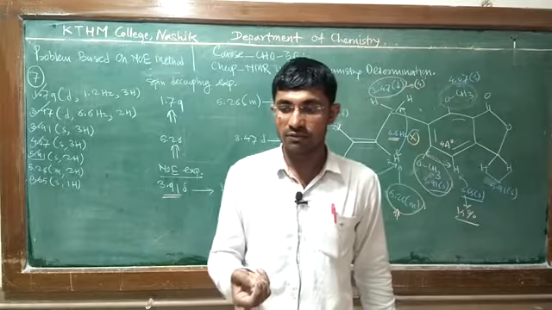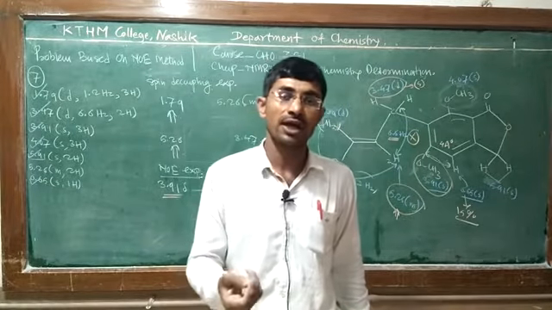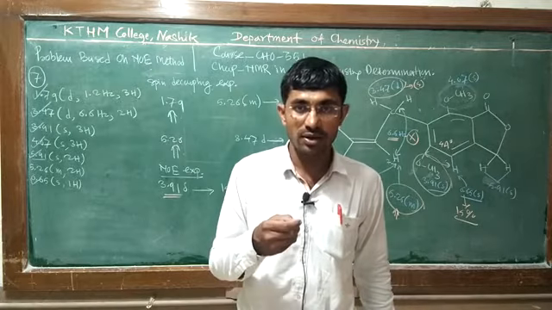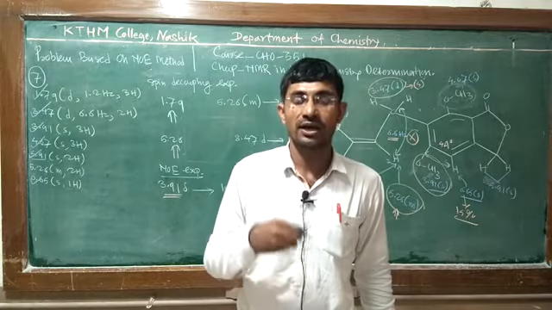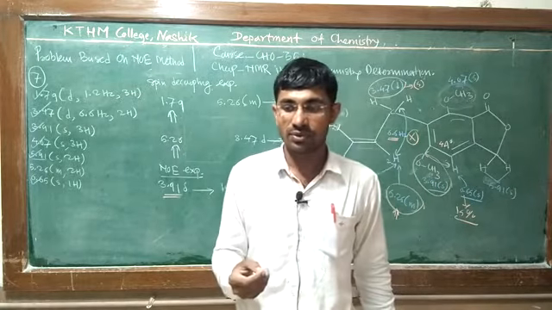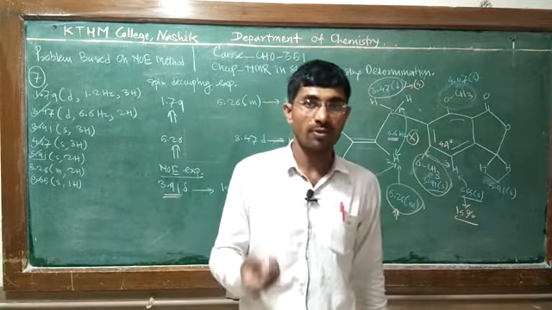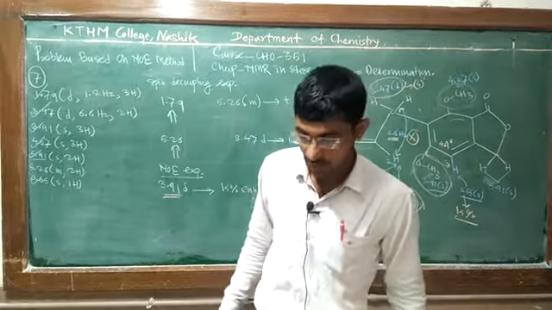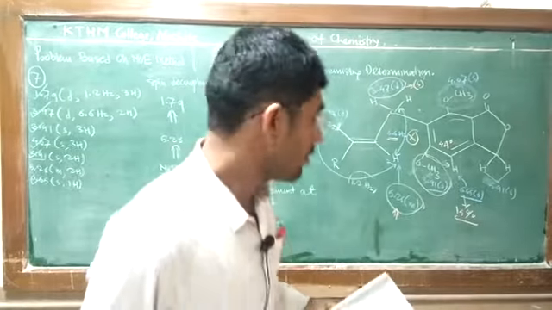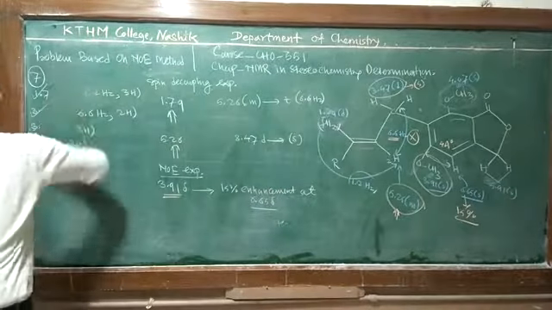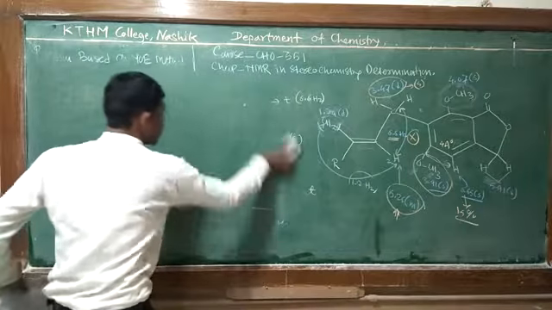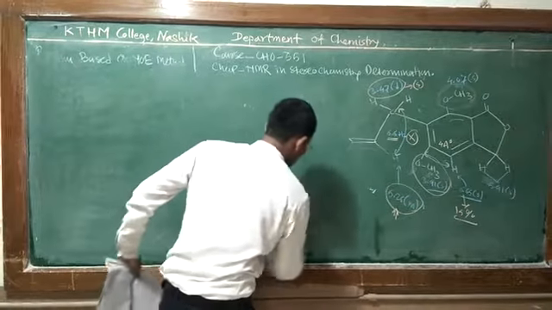In this lecture we will see a similar kind of problem, how from NMR data we can deduce the structure. In the exam this kind of problem will be asked. So let us see the first problem based on NMR data.